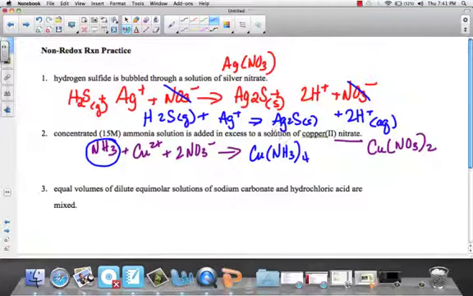So let's see what we have going on here. The NH3 has no charge, and the copper has a +2 charge, so the net charge is just going to be +2. And then we're going to have this 2NO3 minus.